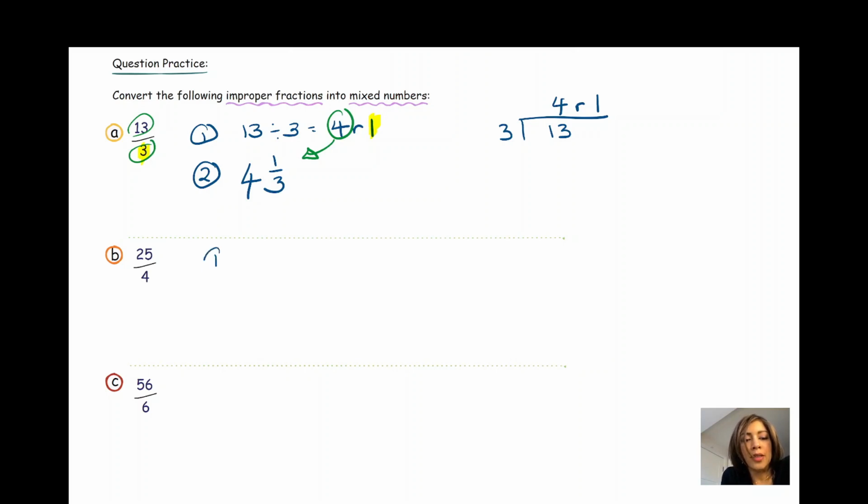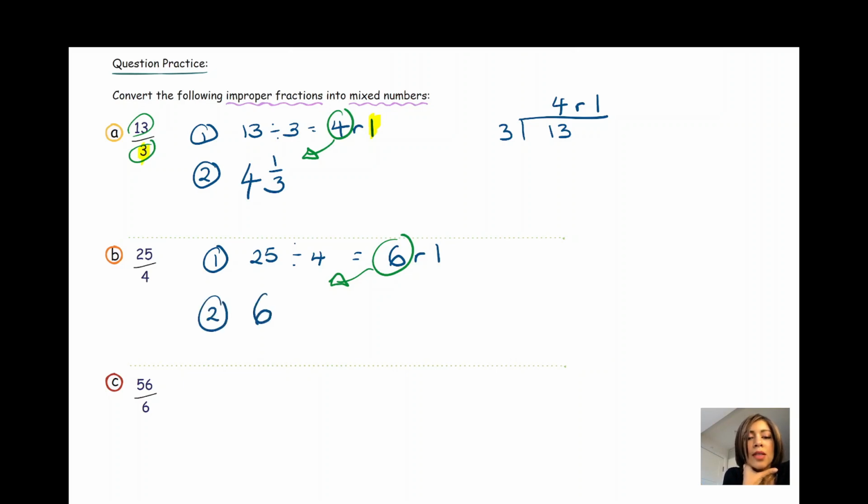25/4. Again, step 1, you do 25 divided by 4. You can use a bus stop method if you need, but we all know, if you know your times table, well, that 25 divided by 4 gives us 6, remainder 1. We bring this 6 down as our whole number for step 2.